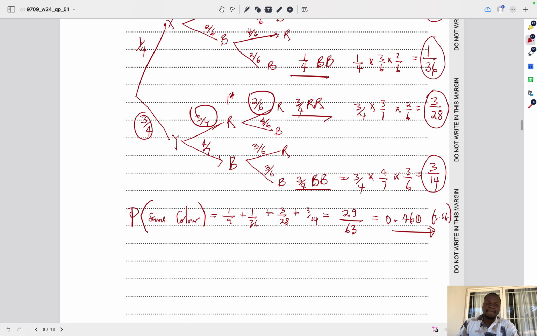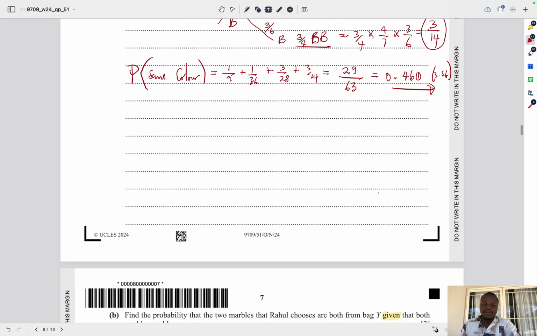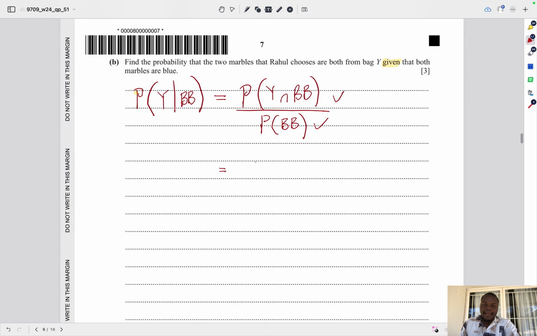You can see from here that this is bag Y, and if the probabilities are blue, this is their probability. So 3 over 14 is the probability that the balls are from bag Y and they are blue. That's blue blue. So here we are going to write up 3 over 14, which is the intersection, then over the condition that the balls are blue.